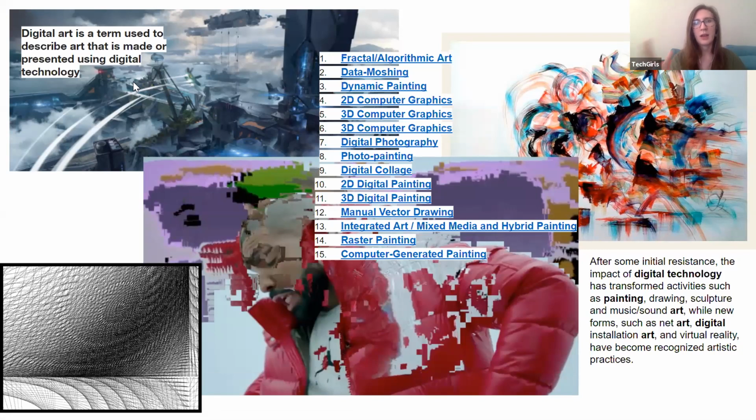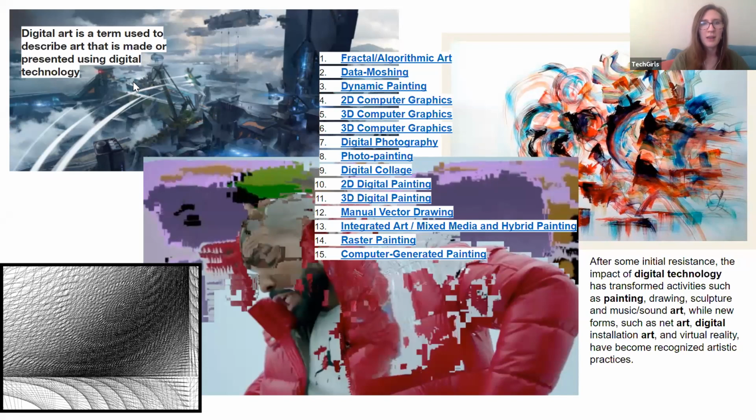So the artist is planning the concept or the imagery. It's like a composer making music without an actual physical instrument. They're just composing it within a program online. So it's the same with a computer-generated painting.